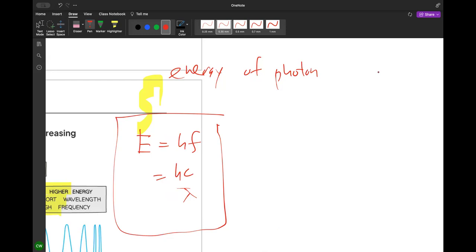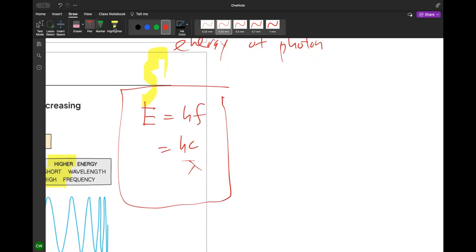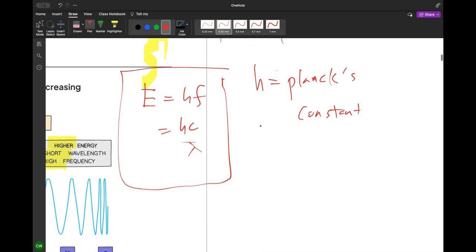Photon, 光子, it's a kind of energy, something that carries energy. What is h? h stands for Planck constant. Do you know who is Planck? Planck is someone very famous who came up with this value.